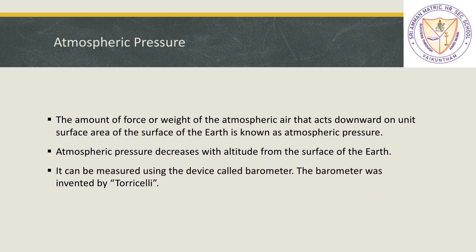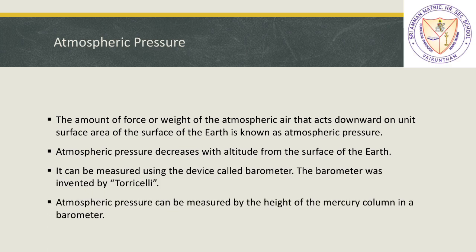it can be measured using the device called barometer. The atmospheric pressure can be measured using a device named barometer, and this barometer was invented by Torricelli. Okay, so now we'll be studying about the barometer.